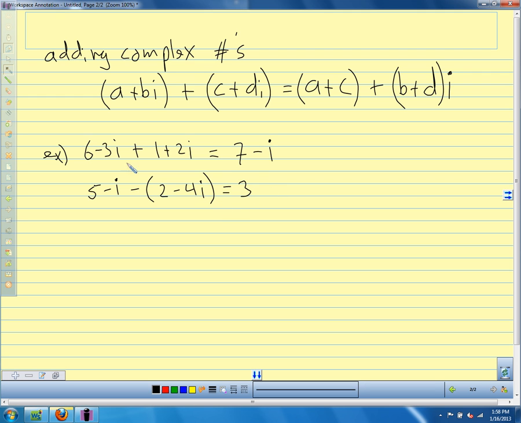And for my imaginary part, I have -1 minus -4. So what do I get? -1 minus -4 is -1 plus 4, which is 3i. So my answer comes out to be 3 plus 3i. So this should be easy.